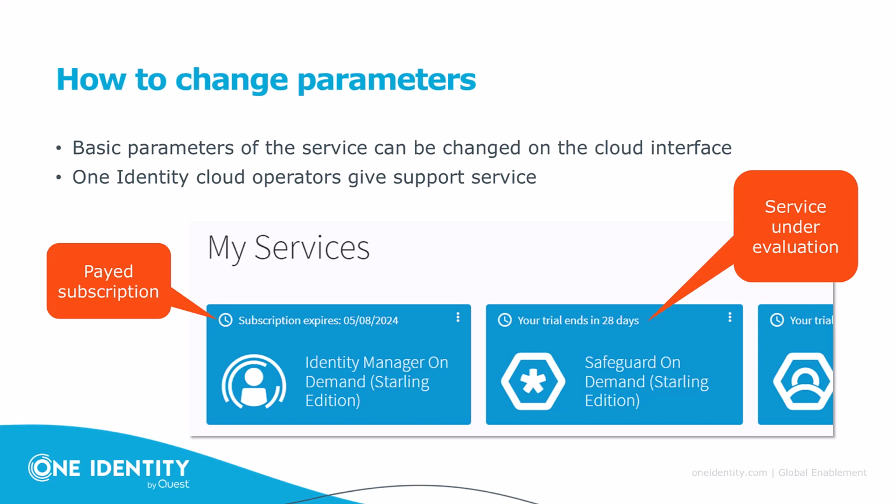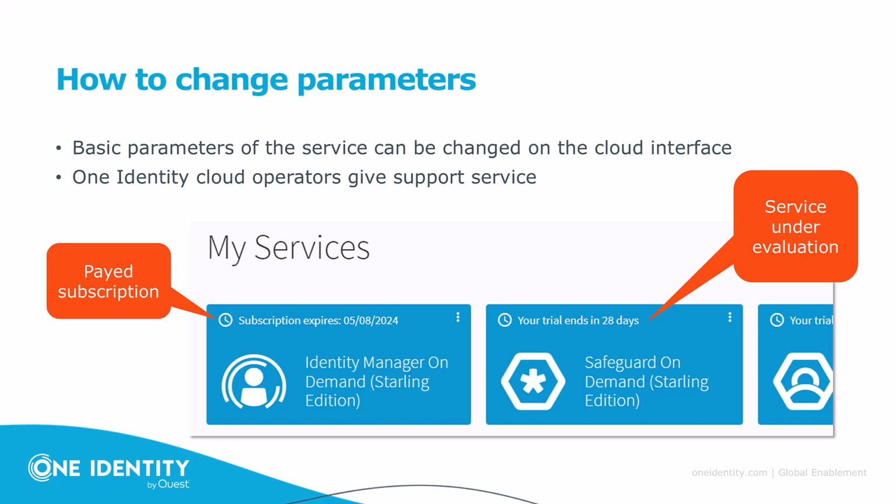The second layer is the parameters of the service itself. In that case, the customer must log in the Starling interface and set up some parameters like contributors who can connect the interface, auditor users, and stuff like that. And the rest must be requested via the support team.